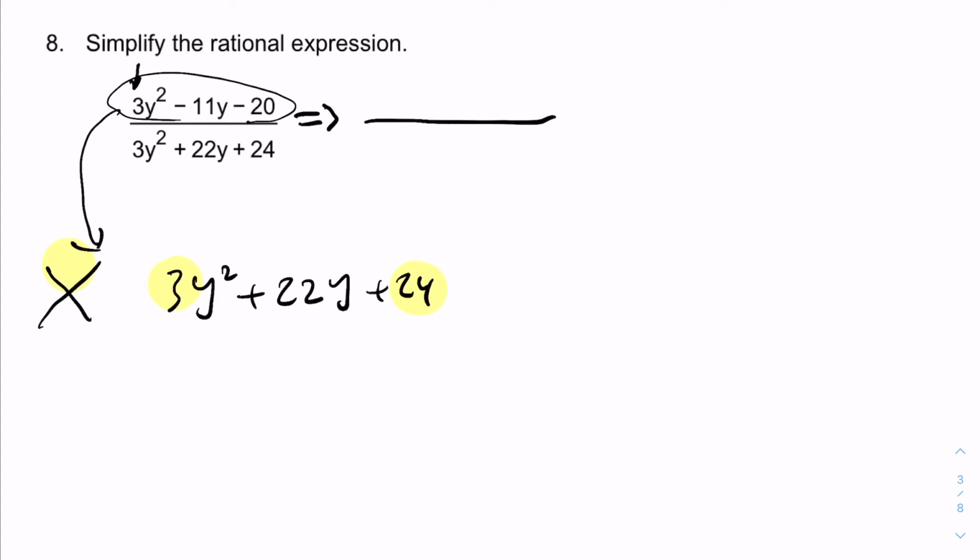So 3 times 24 gives me what, 72. Okay, and then it needs to add to 22 right here, right?